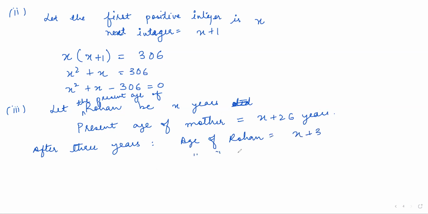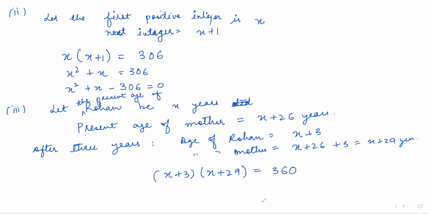And age of mother will be, so present is x plus 26 and then plus 3. So ultimately x plus 29 years, correct? Now the product of their ages will be 360. So x plus 3 into x plus 29 will be 360. So you can just open the bracket and you will get the required quadratic equation, correct?